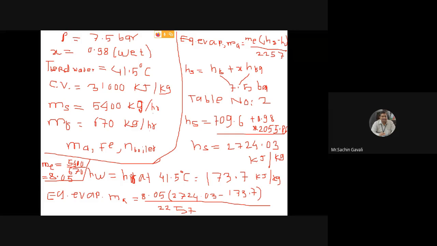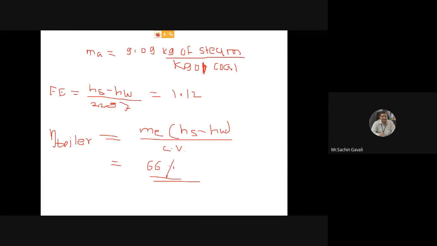Equivalent evaporation formula: ME into bracket HS minus HW divided by 2257. Then if you put all the values, HS is wet steam, HW is feed water temperature, HW is equal to HF at 41.5 degrees Celsius, and we got it as 9.09, factor of evaporation 1.12, and boiler efficiency 60%.